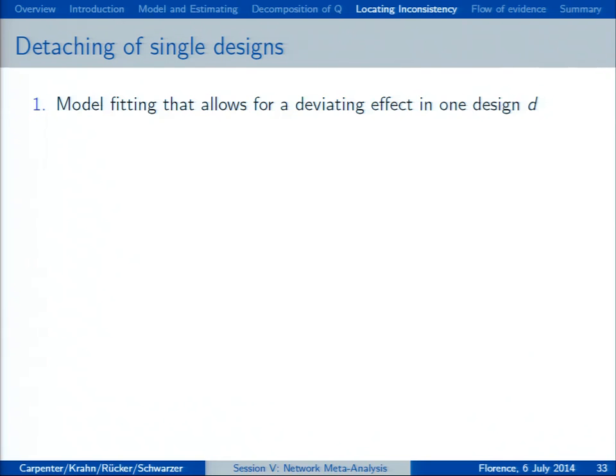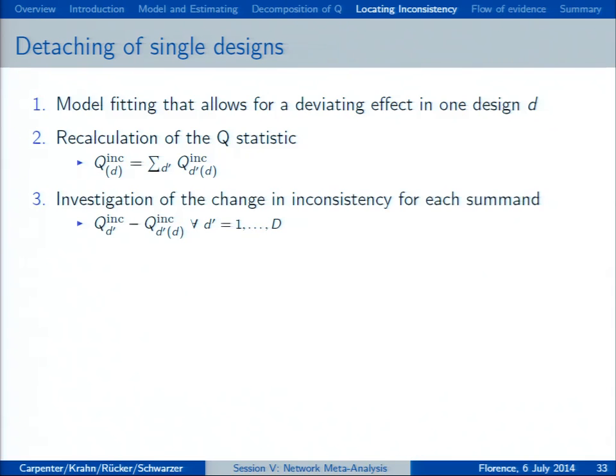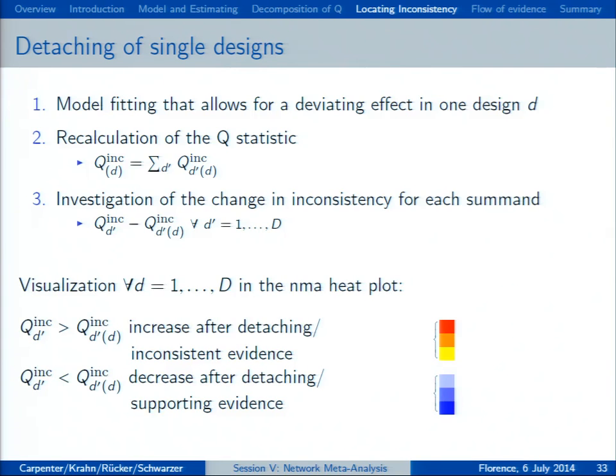We fit a model that allows for a deviating effect in one design D. So we extend the model with further parameters for each comparison in this design D. So we relax the assumption of consistency for one design D. Then we recalculate the Q statistic after this detaching and assess the changes in each summand of this Q statistic after this detaching.